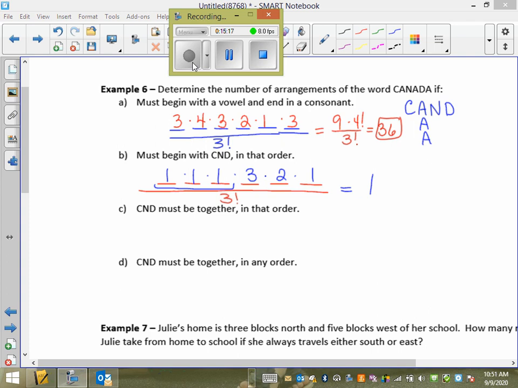C and D must be together in that order. This one doesn't say what? At the front. So we're going to have 3 factorial underneath. Hook them together. 1, 1, 1, 3, 2, 1. And I'm going to have to multiply by 4. So I actually get 4.